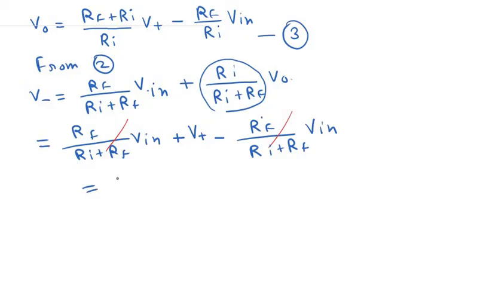Okay, so this is equal to V plus. So we get V minus is equal to V plus. So V minus is equal to V plus, and so what we stated, that the inverting and non-inverting terminals should approximately be at the same voltage in the closed loop configuration, is actually true.